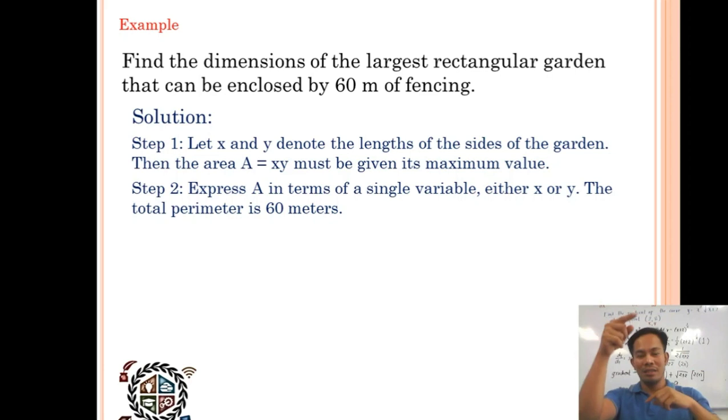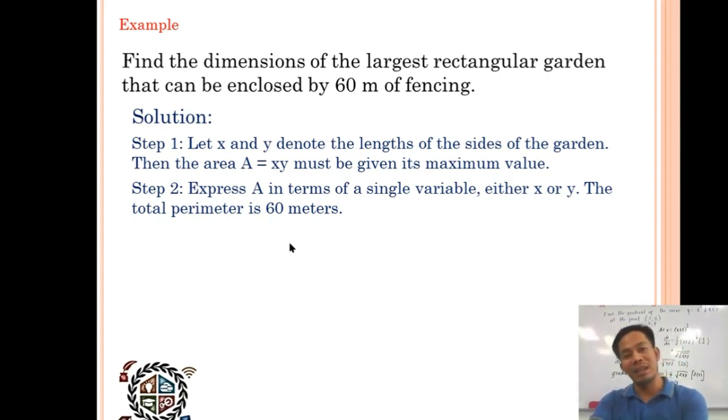So, 2 lengths. Tapos, dalawa rin ang width niya. Okay? Kapag dinagdag mo lahat yon, dalawang length, dalawang width, magiging 60 meters. Paano ko nasabi? Kasi, yung fencing daw ay 60 meters. Okay? Yung fencing ng rectangular garden.